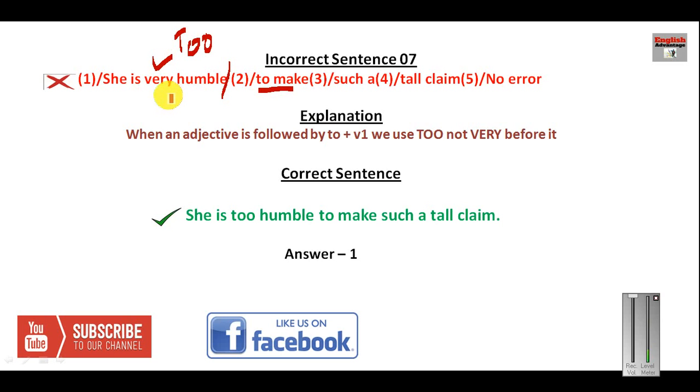She is too humble to make such a tall claim, and this is a kind of negative sentence. You can also say she is so humble that she cannot make such a tall claim. So when an adjective is followed by to plus V1, you have to use too, not very. She is too humble to make such a tall claim, and your answer will be 1.